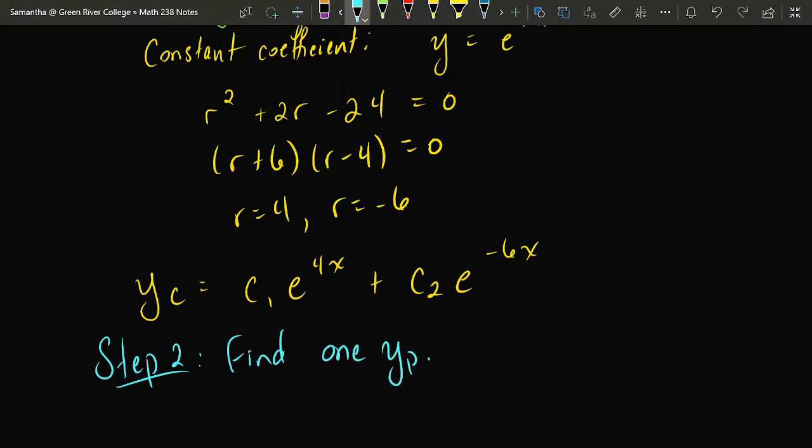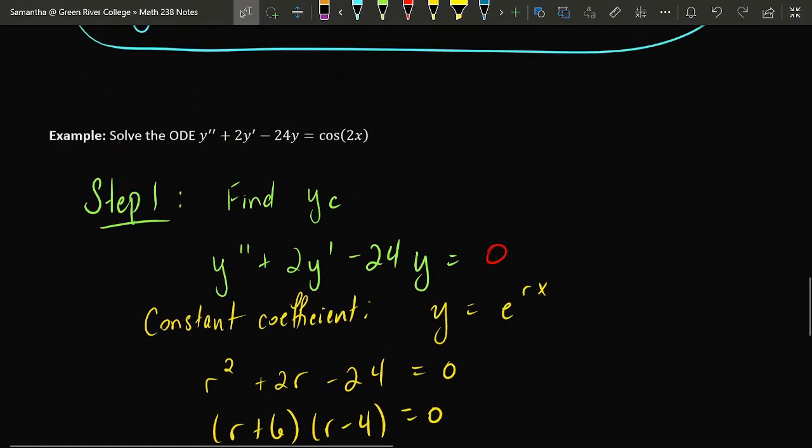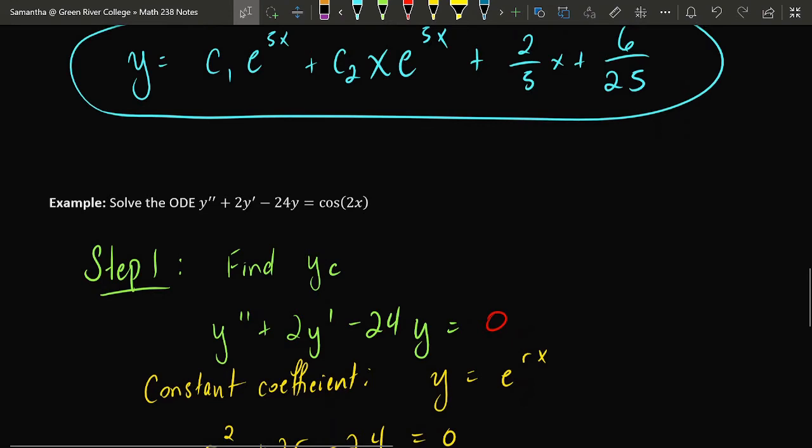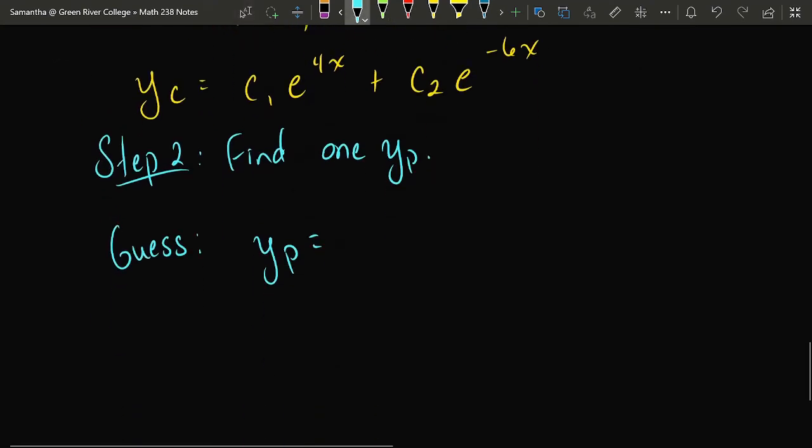So let's guess a particular solution which is of a format that's similar to the function on the right side of my ODE. Now the function on the right side of the ODE is a trig function with a 2 on the inside, and so the guessing table from yesterday's material suggests that we should guess a combination of cos 2x and sine 2x.